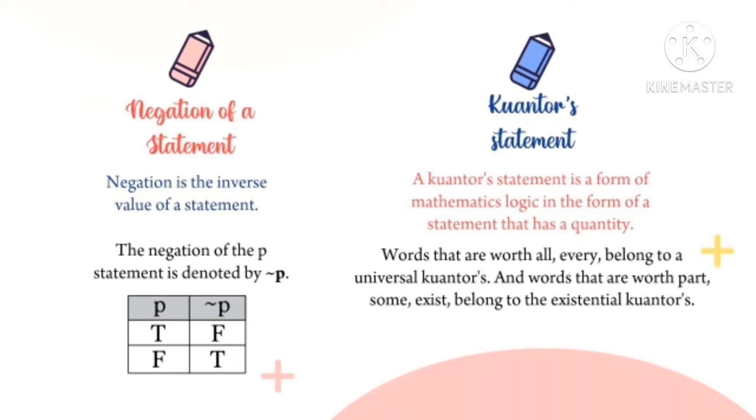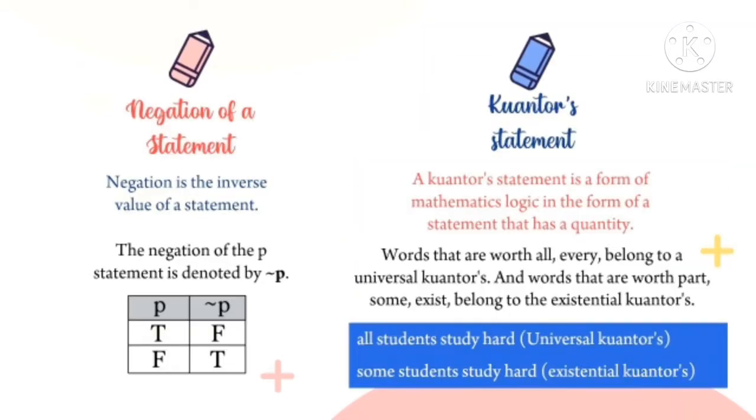The universal quantor and the existential quantor negate each other. Example of universal quantor: all students study hard, and example of existential quantor: some students study hard.